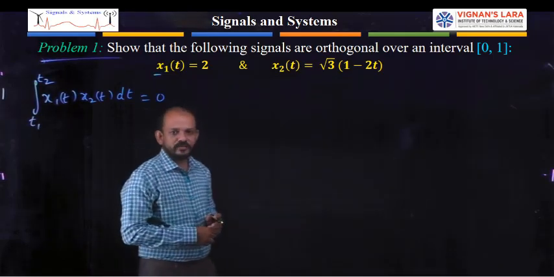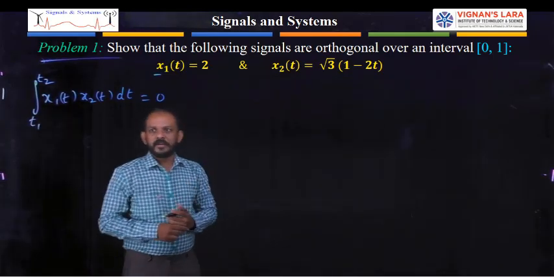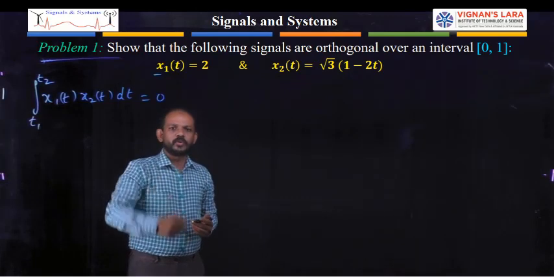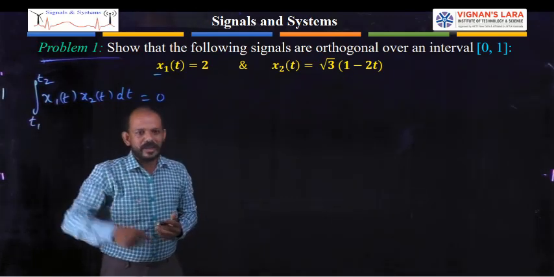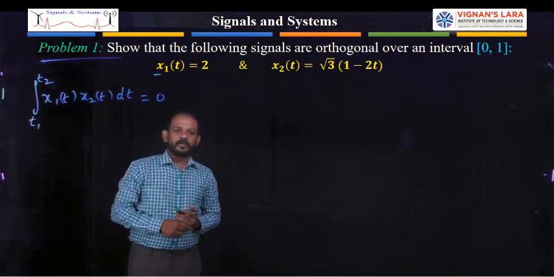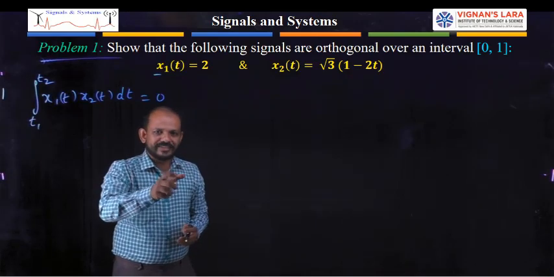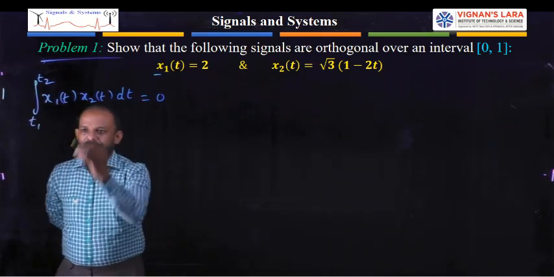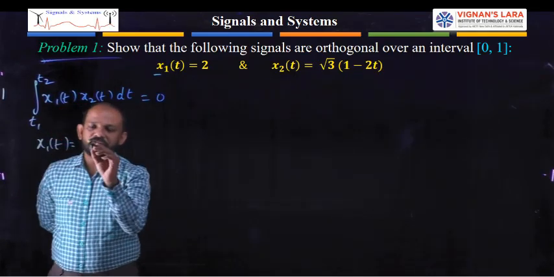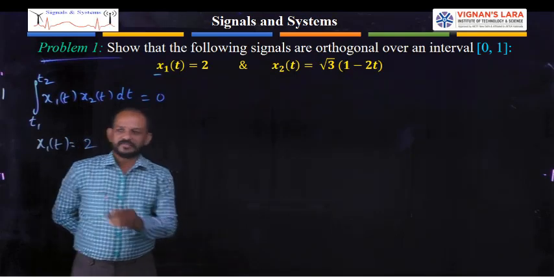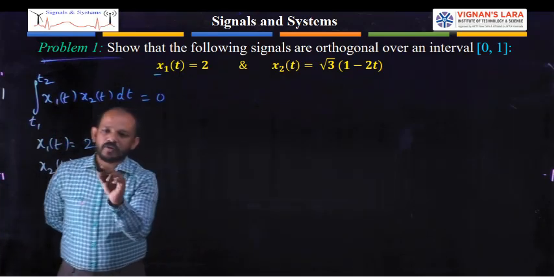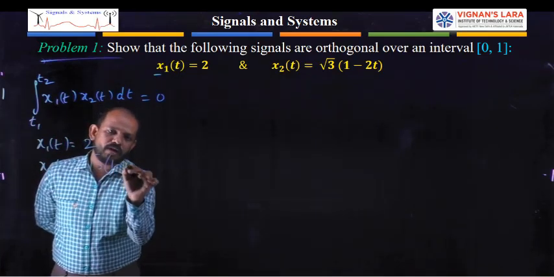Okay, now the first one: I will give you a problem with two signals, x1 of t equal to 2 and x2 of t equal to root 3 into 1 minus 2t. So I am taking the first signal x1 of t as 2 and the second signal x2 of t as root 3 into 1 minus 2t.